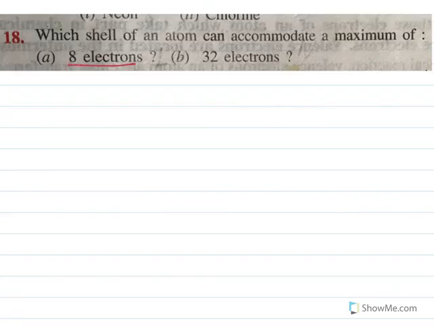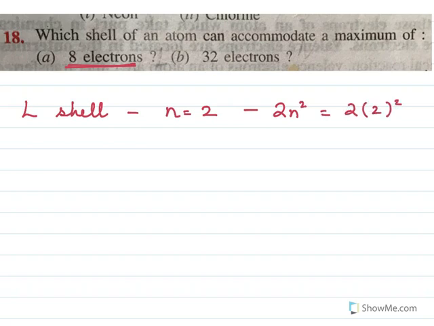Which shell of an atom can have a maximum of 8 electrons? We saw the L shell. Why? Because for L, n equal to 2, and the maximum electrons are 2n square, that is 2 into 2 square, and that is 8.